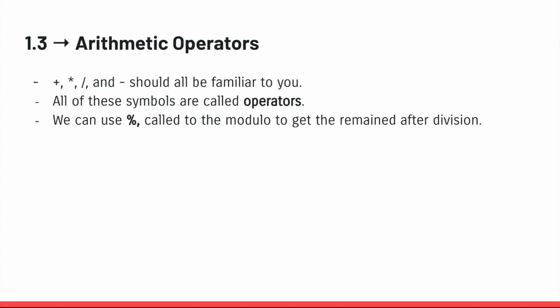We're going to move on to another part of 1.3, which is arithmetic operators. We saw this earlier where we did a little bit of multiplication, but arithmetic operators basically allow us to do mathematical calculations in Java. And these symbols that we use to do that are called operators. So you should have seen these before.